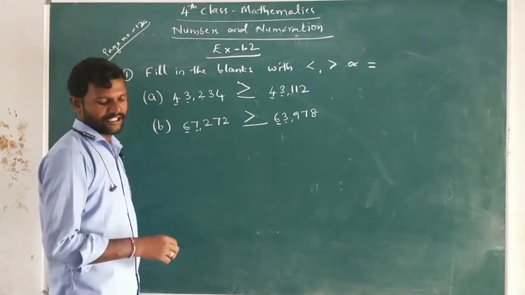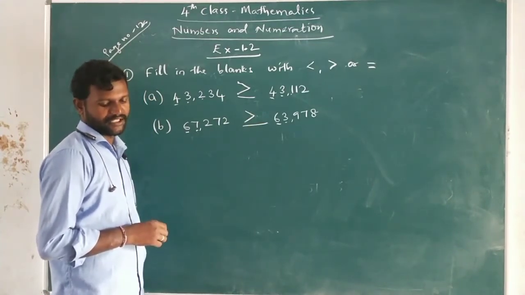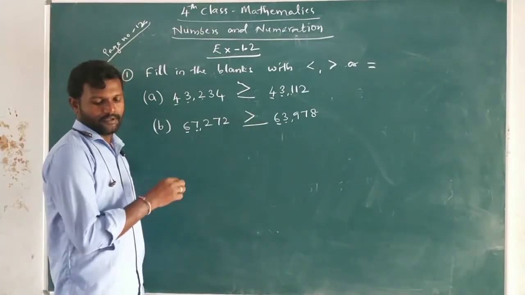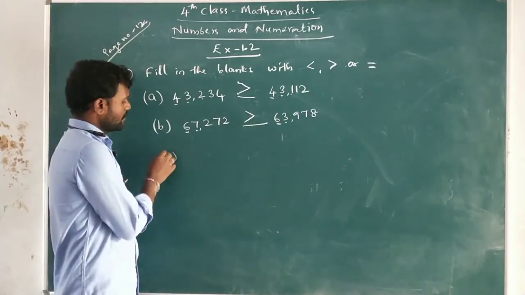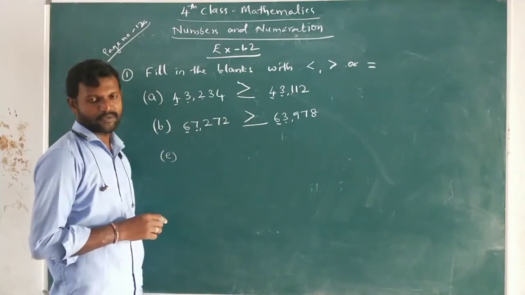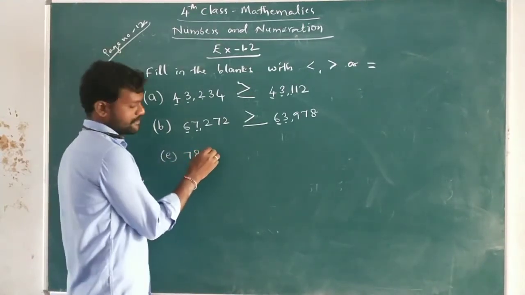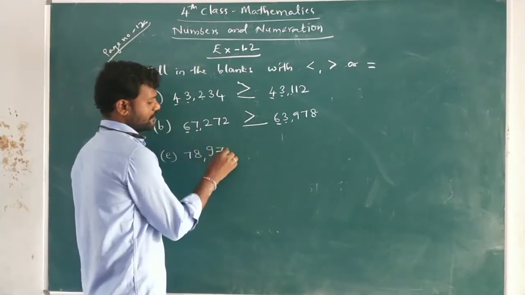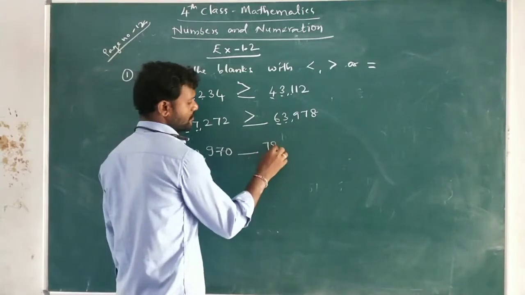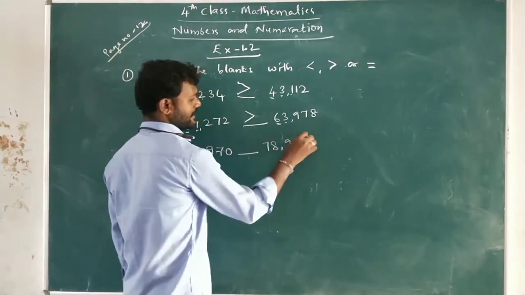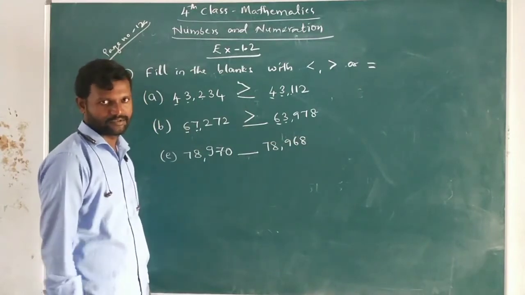Okay. Similarly, next one. Which one am I taking? Problem number E. What is problem number E? 78,970 dash 78,968. What symbol do you have to use?